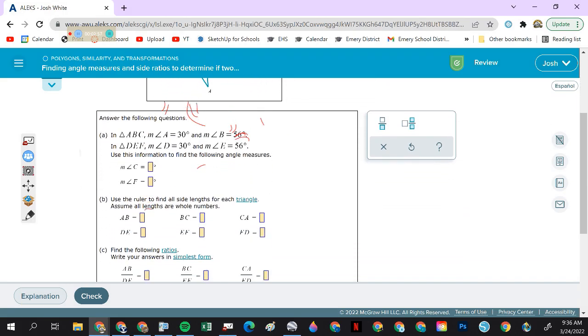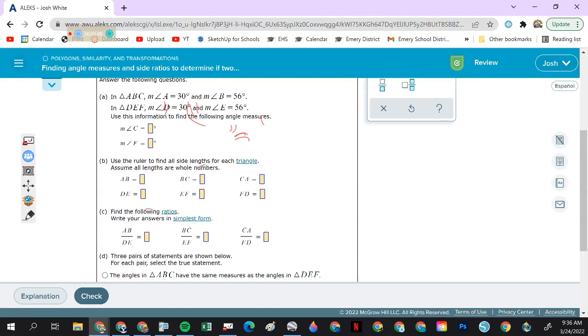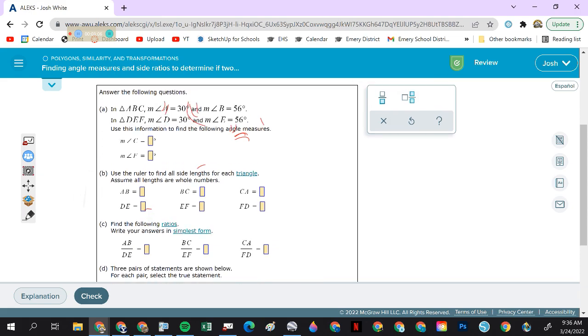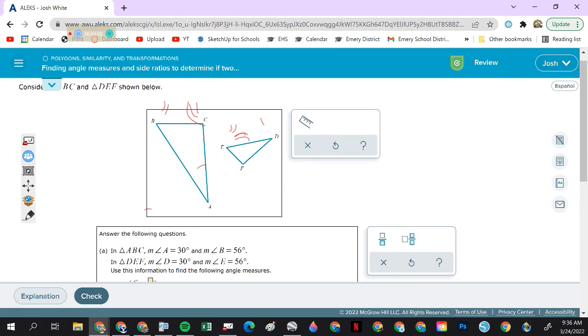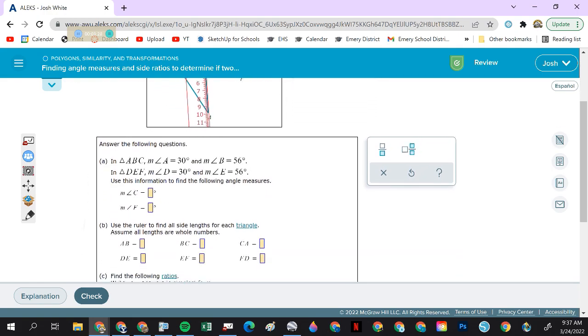Okay. Now it asks, use a ruler to find all the sides for each triangle. Assume all lengths are whole numbers. So we're going to take the ruler. I don't think I can do this standing here. Let's try it. Okay, so we round that to the nearest, I think there's centimeters, and it would be 10.